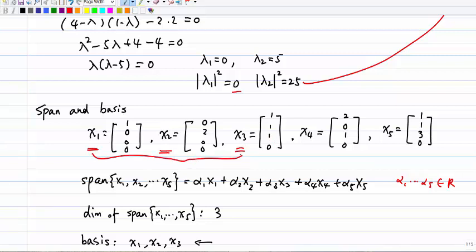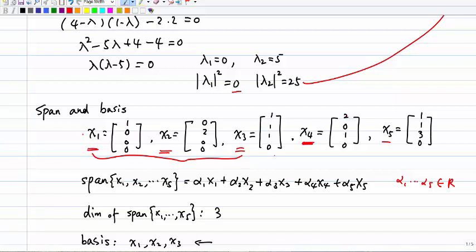As a matter of fact, x4 and x5 can be represented by a linear combination of the first 3. Take x4, for example. I can do x4 by some linear combination. I can multiply this one by 2 to form the first number right over here, and of course I can use x1 to cancel out x3.